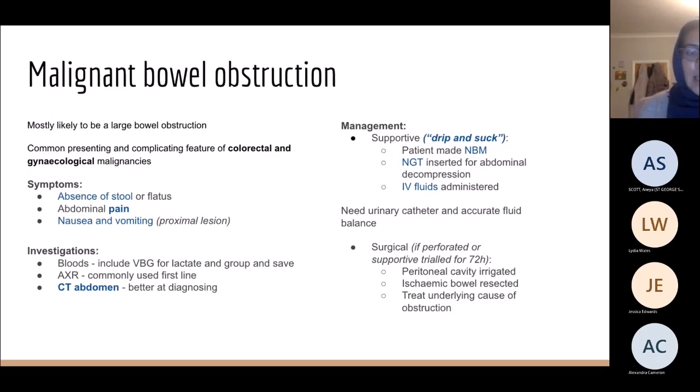If with supportive management it's still not working and they've still got this bowel obstruction or they've perforated, then you need surgical intervention to treat the underlying cause and potentially to remove parts of the bowel that have already died. I hope that makes sense.